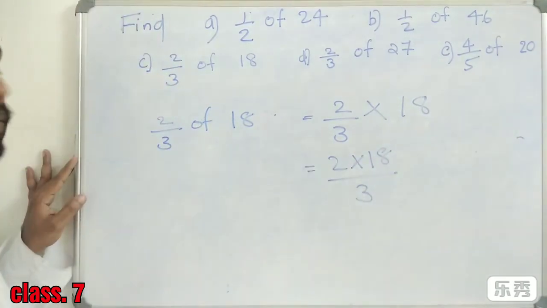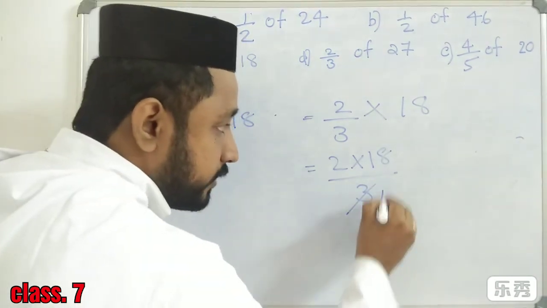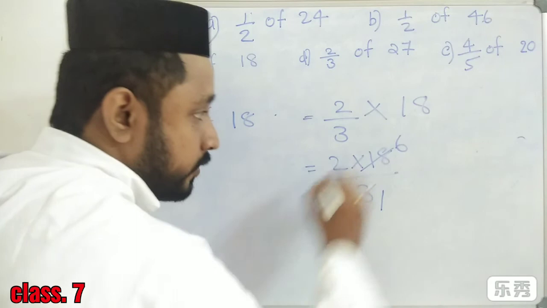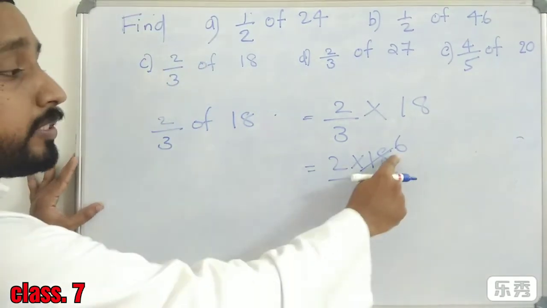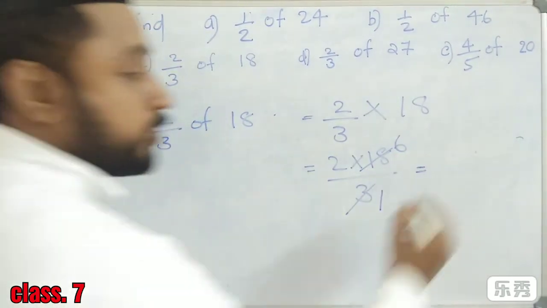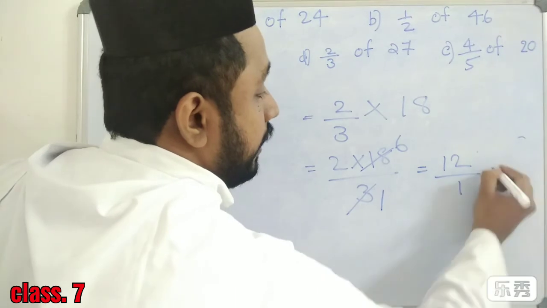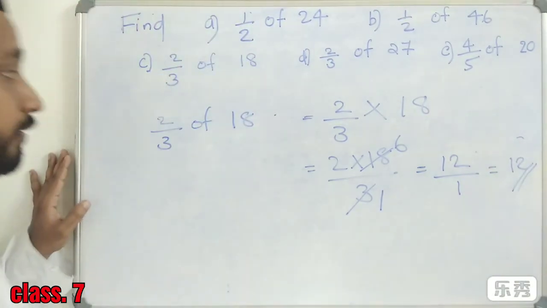We can cut with the 3. Here 1, here 6, 6 into 3 is 18. So 2 into 6, 12. 12 by 1, answer is 12.